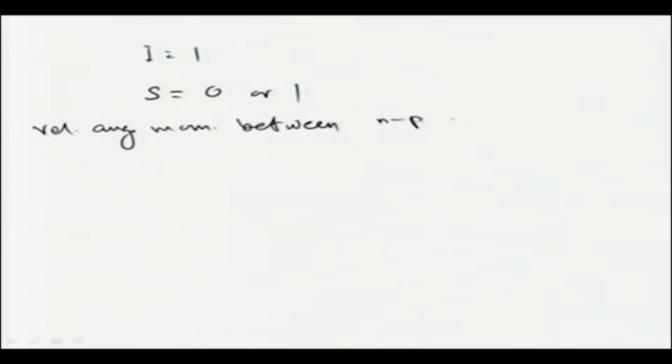So, as I said, there is a spin part and there is also the relative orbital angular momentum part of this, and since I is equal to 1 as measured and since S is equal to 0 or 1, the relative angular momentum between n and p, say L, can have different values according to the following.